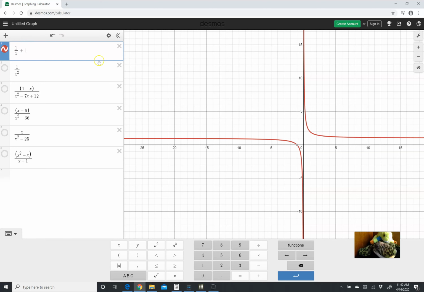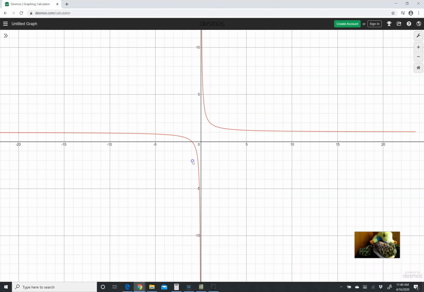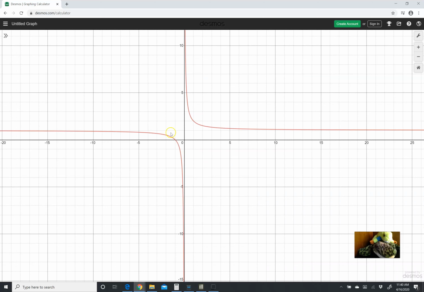I'm just going to change the function a little bit so that you can see that you can have something different. So over here, as x goes to -infinity, we're not approaching 0 anymore, we're approaching 1. And here the same thing is true. We're not approaching 0 anymore, we're approaching 1. So we have this horizontal asymptote.